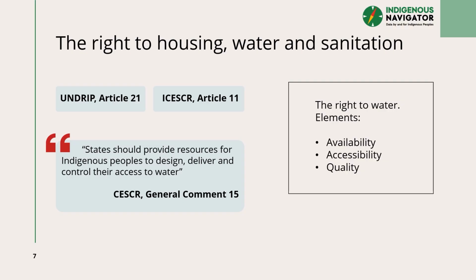Water and water facilities and services have to be accessible to everyone without discrimination. And quality. The water required for each personal or domestic use must be safe and of an acceptable color, odor, and taste for each personal or domestic use.